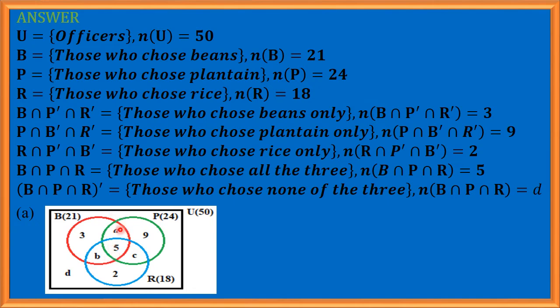We'll be left with this, that, and that. Since we don't know them, we represent them by variables. So let's say A, B, C here. Then those who did not choose any of the 3 is represented by D. And the universal set is here. This gives us the Venn diagram.